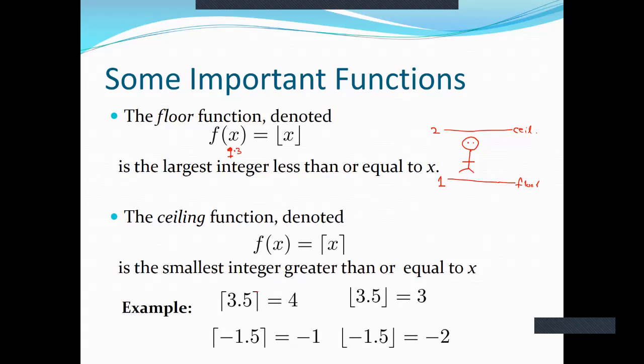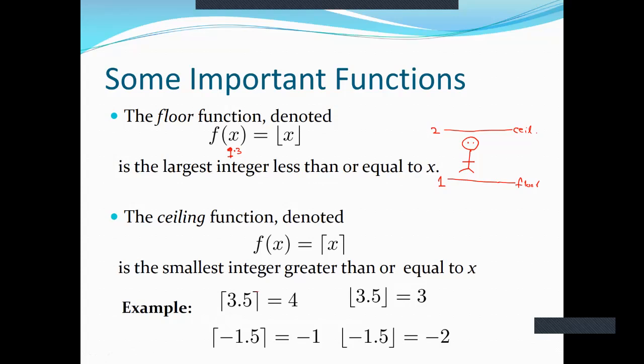The greater value than 3.5 is 4. If we take the floor of 3.5, the smaller value is 3. Similarly, if we talk about negative 1.5, the ceil function of negative 1.5, the larger value than this, as a round number, is negative 1.